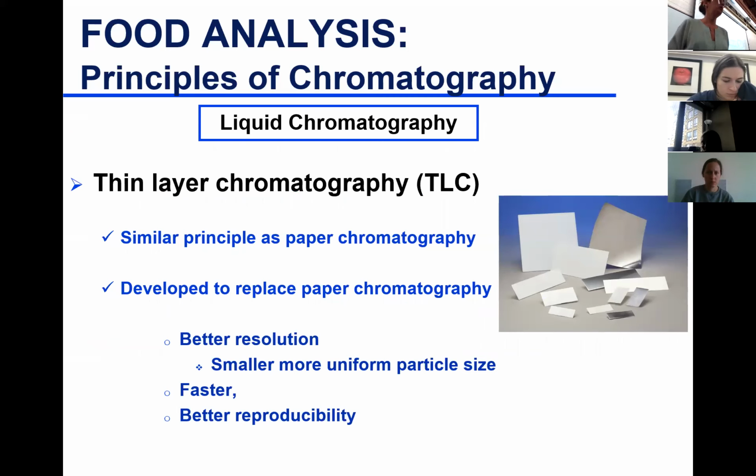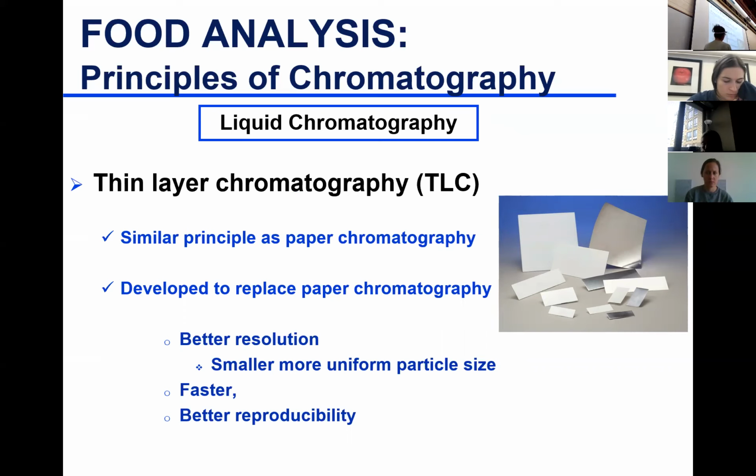Thin layer chromatography has similar principles to paper chromatography. However, it is much better than paper chromatography. Why is that? Instead of a paper that doesn't have very consistent particle size, thickness or distribution, you would have a gel, for example, mostly silica gel, that is systematically the same thickness spread over an inert surface.